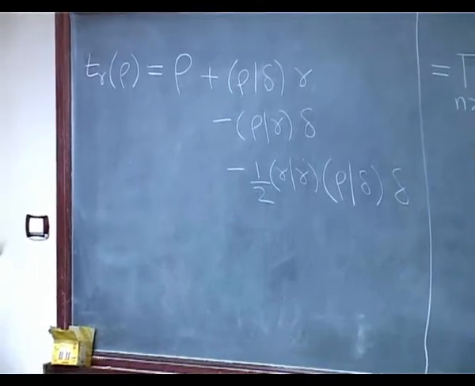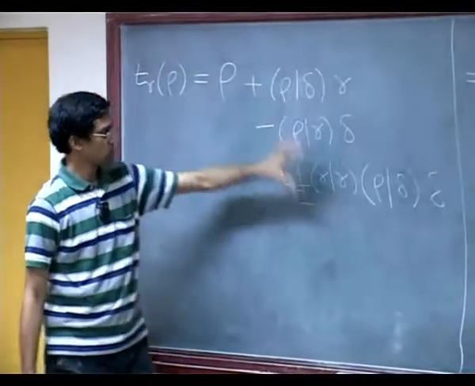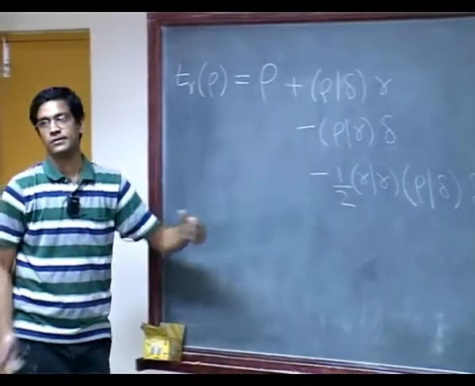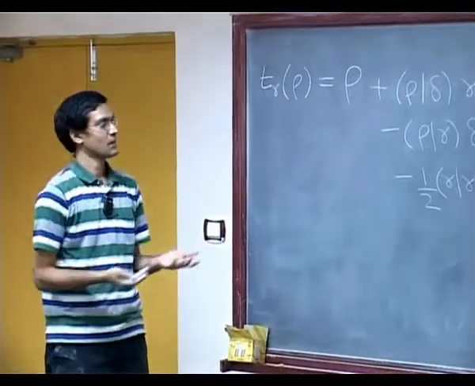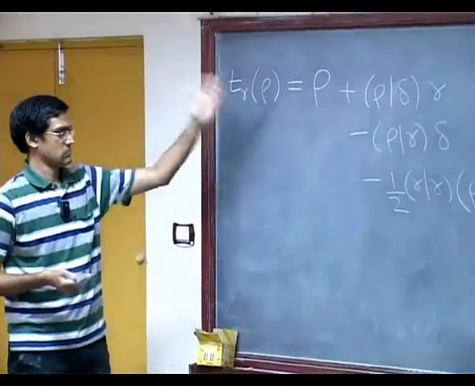Okay, so this was that exponential of tau, and these are the first order terms, and this is a second order term. In some sense I can't really avoid this step. So this is the formula for T gamma of rho.